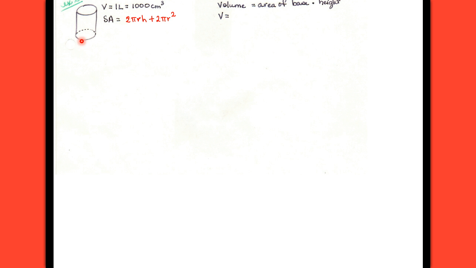Area of a rectangle is length times width, or base times height, however you want to think about that. If you are thinking of the base, what is that base? If I unroll that circle, what is that? Circumference, yes. So circumference is 2 pi r, and then the height of your rectangle is just the height of your can.